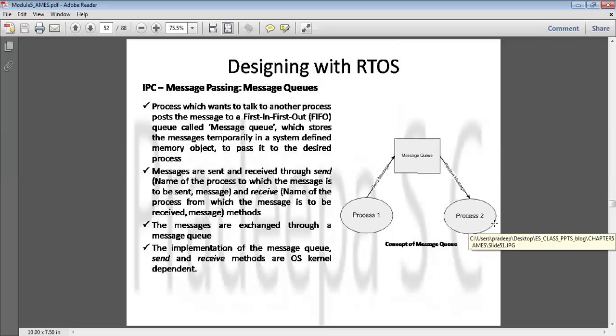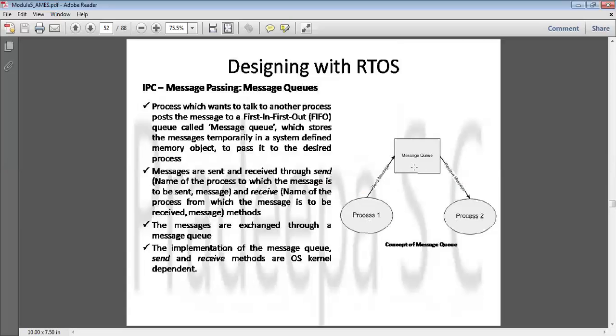Here, they communicate with the help of system calls. If process 1 wants to send a message to process 2, there is a call called send. And if process 2 wants to receive the data from process 1, there is a system call called receive.